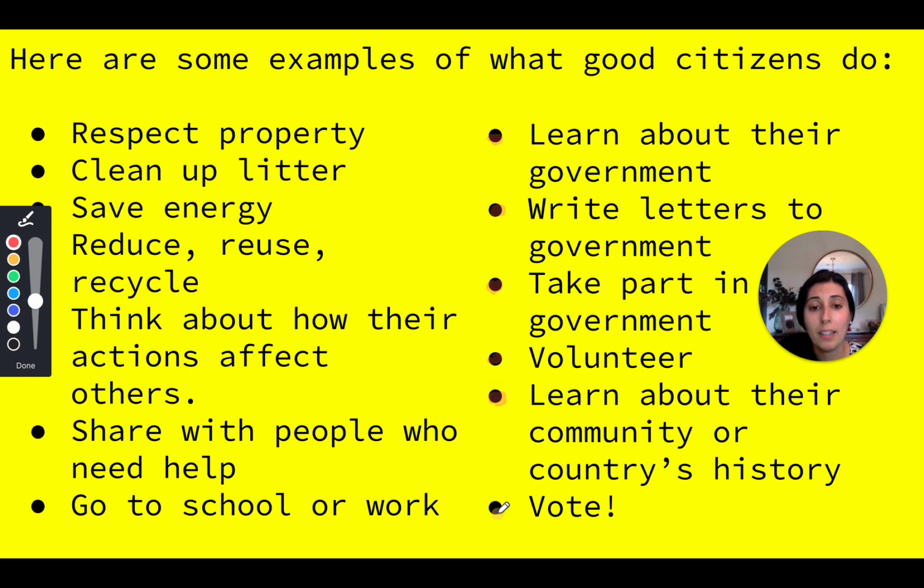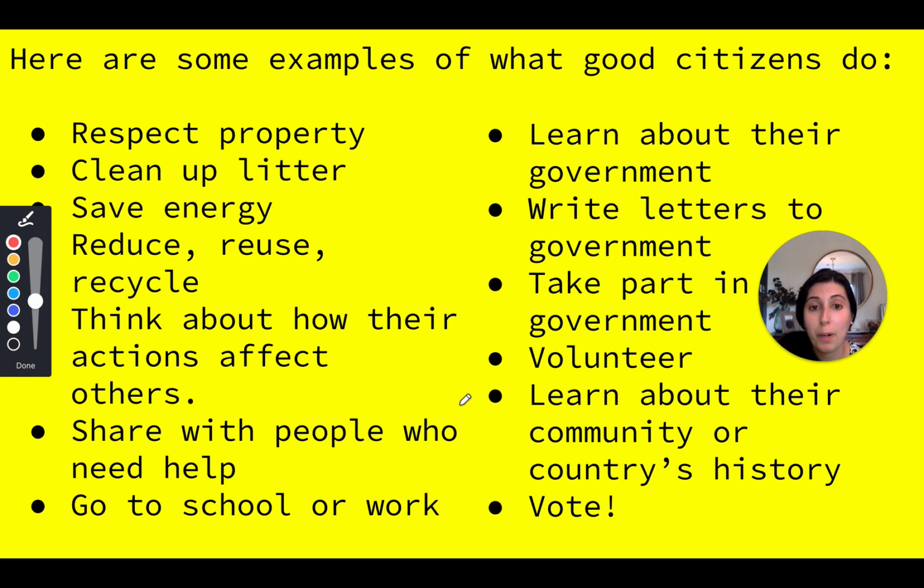And last but not least, I added this one in. It wasn't talked about much in the video, but I think it's an important one, and it goes along with this one here, take part in government, and that's vote.